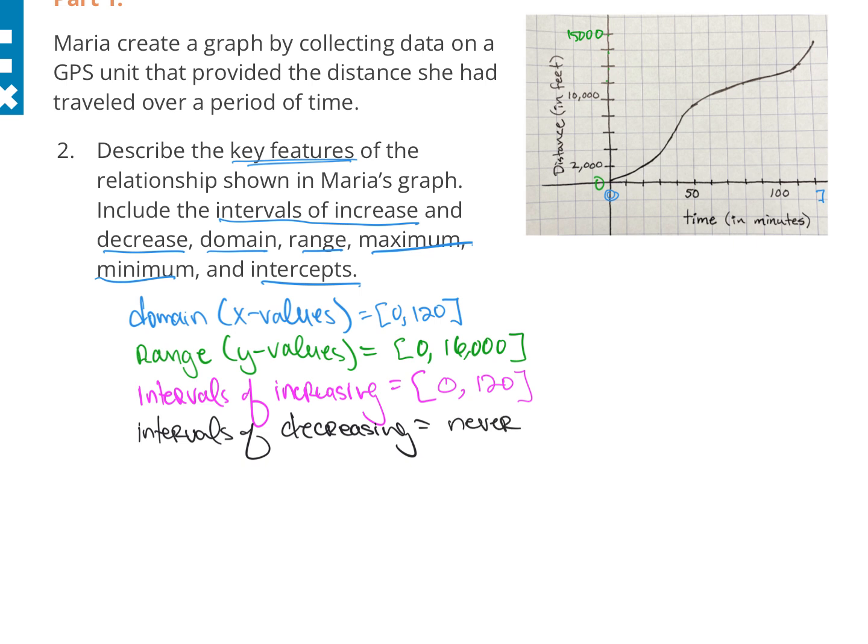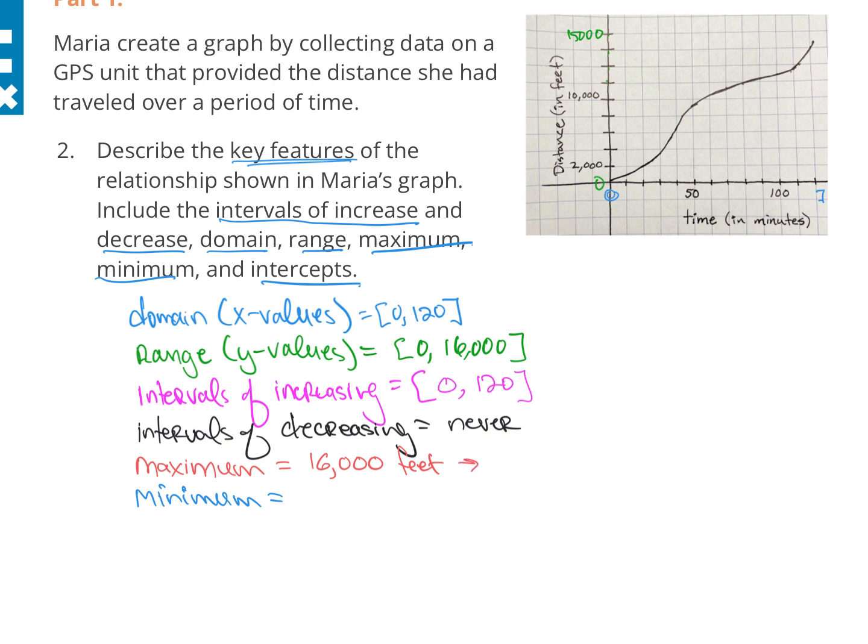Okay. We also want to look at our maximum. Maximum does come from the Y values, right? So our maximum is 16 or 15,000 feet. I would take either 16 or 15,000, okay? Where's the minimum? Where's the lowest point? I want to write the maximum in a word sentence, okay?